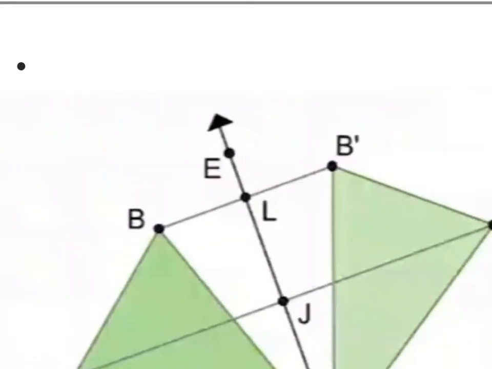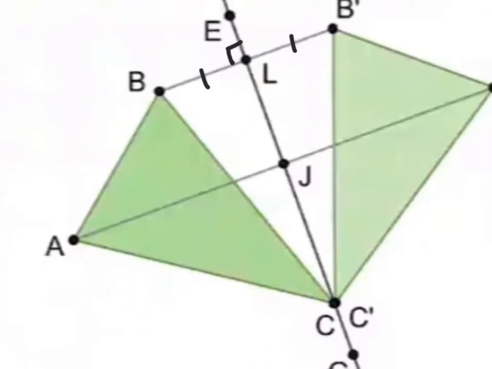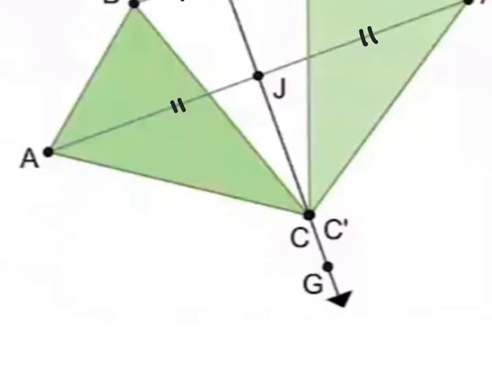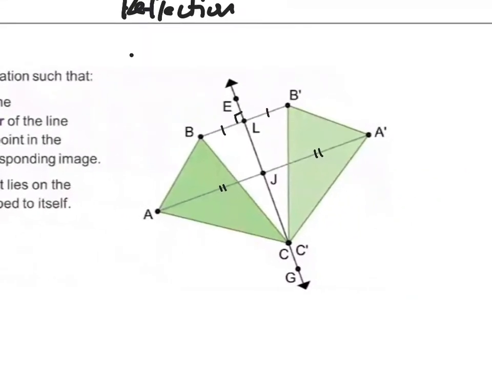I know that these two segments are congruent and that this is a right angle. I also know over here that AJ is congruent to A prime J. And C and C prime, because C is on the line of reflection, when we reflect that over, it's not going to go anywhere. It just stays there, and this is also 90 degrees.